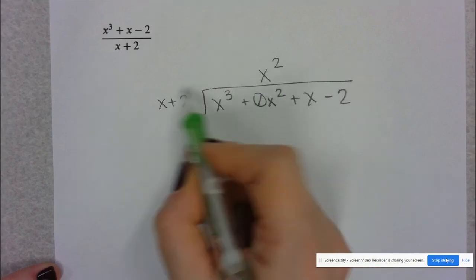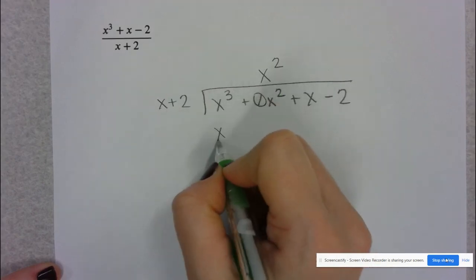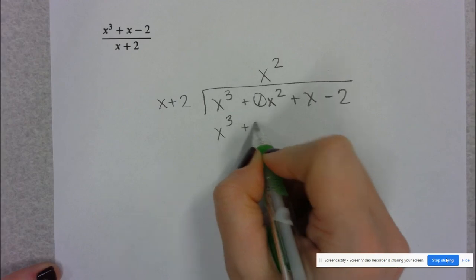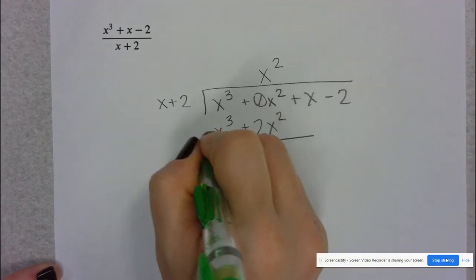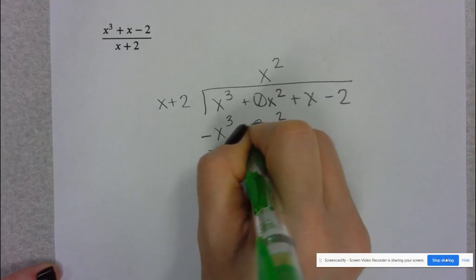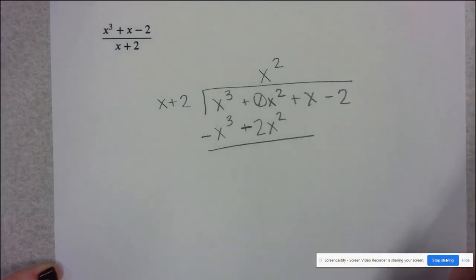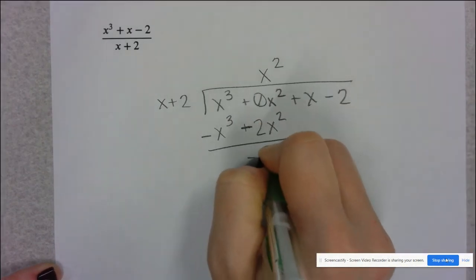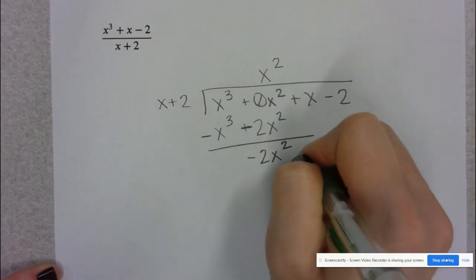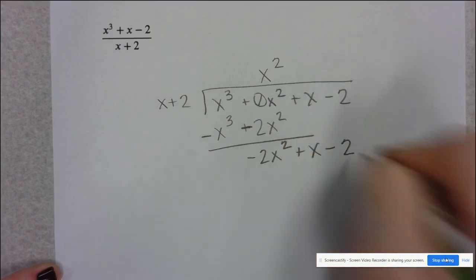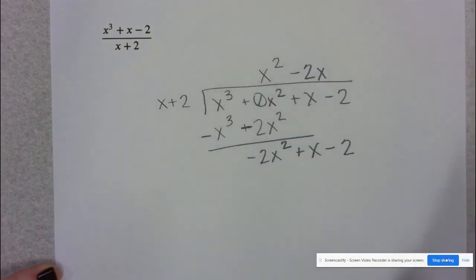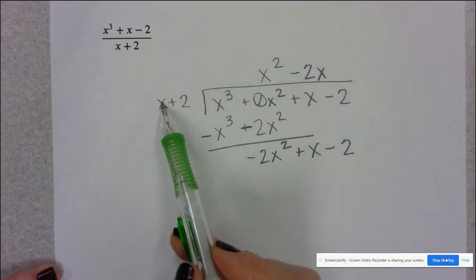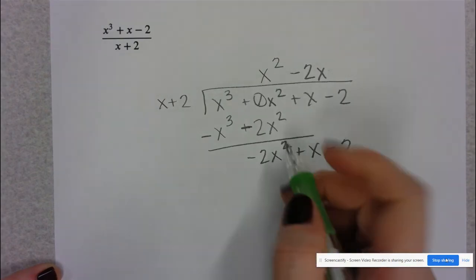Multiplying x squared into both of these is going to give me x cubed plus 2x squared. Doing the opposite means I'm subtracting. So I'm going to have negative 2x squared as my next term that I'm dividing into. So I'm going to need negative 2x in order to multiply my first term and get negative 2x squared.